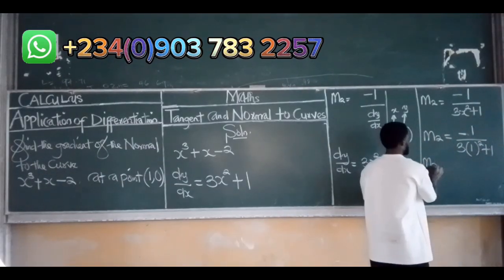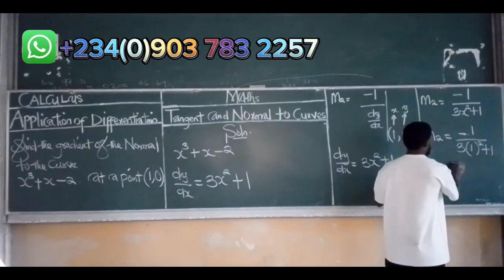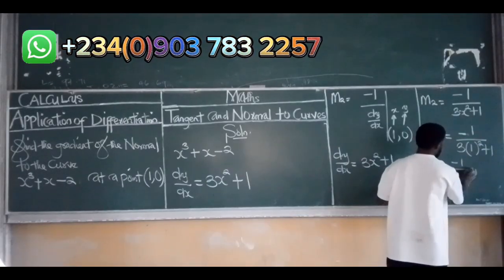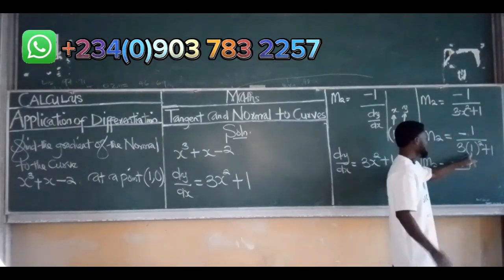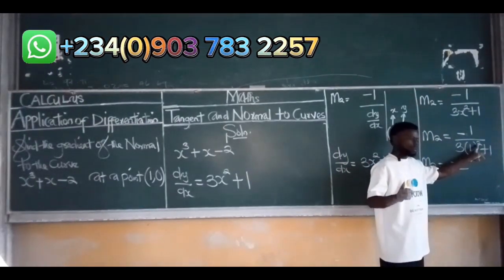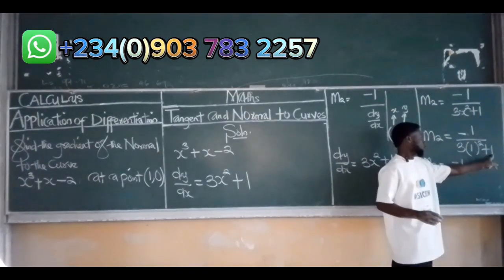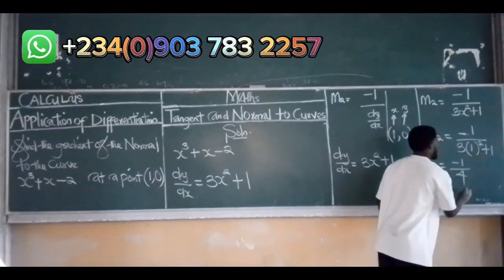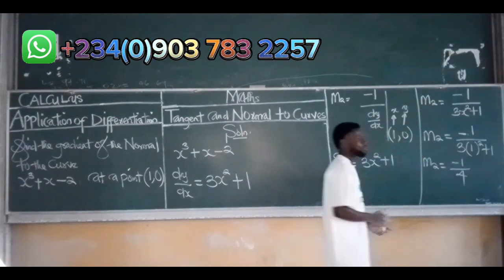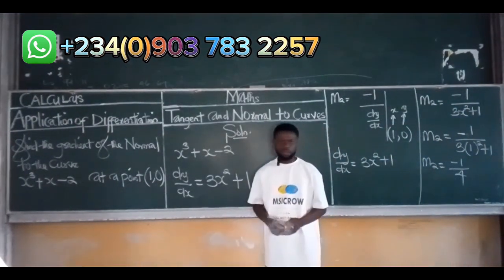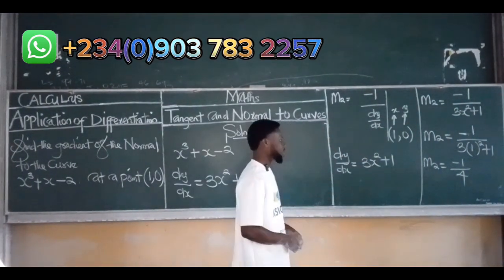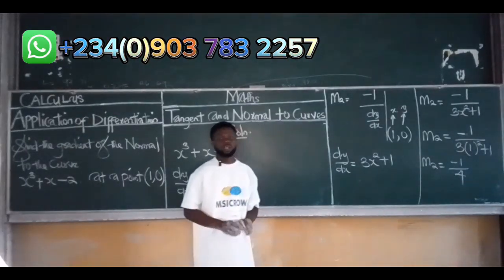So M2 is equal to minus 1 divided by: 1 raised to the power of 2 is 1, and 1 times 3 is 3, plus 1 is 4. So the gradient of the normal to the curve is given as minus 1 over 4, which is the final result.